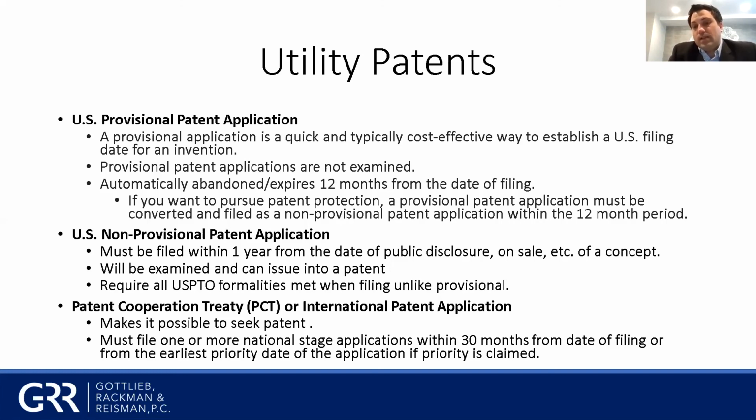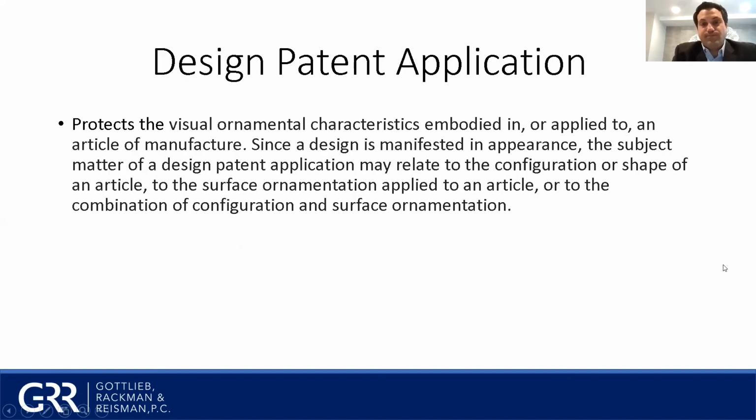And also it helps if you don't want to spend all the money in every country right away, you could spread out your filing so you don't have to wait 30 months. You could say file in China sooner rather than later, or Europe or elsewhere, Mexico, Korea. And that way it preserves your rights to file in multiple countries at a later date. So that's pretty much a general outline of the utility patent system.